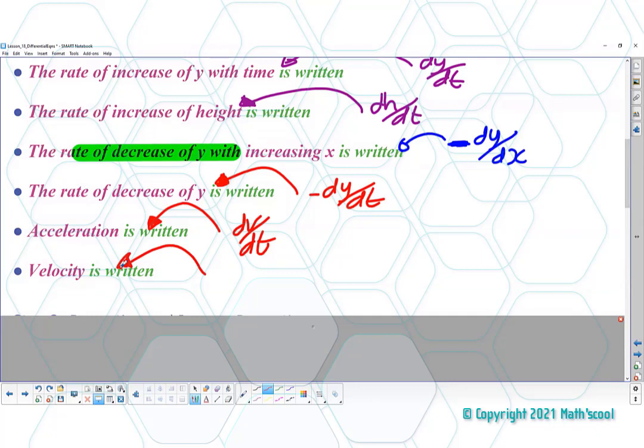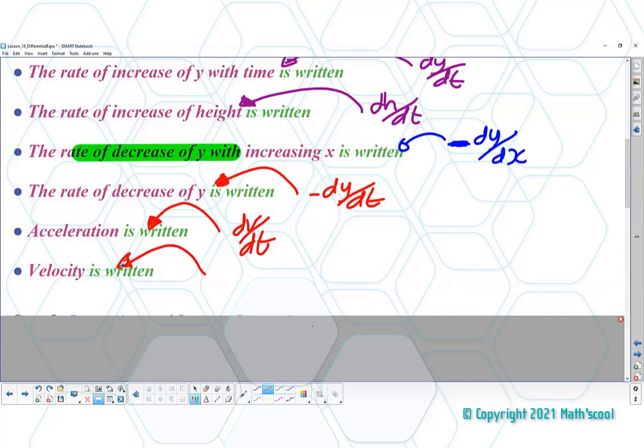How would you write velocity, but as a rate? Oh, look at me. I'm running at a speed of 10 miles an hour. What's changing? Speed? No, my speed is 10. It's not changing.